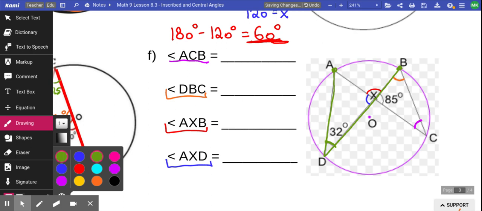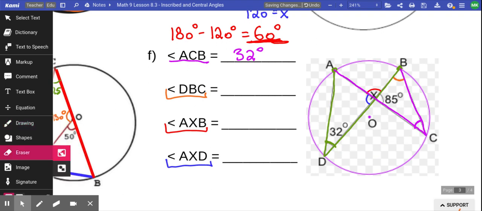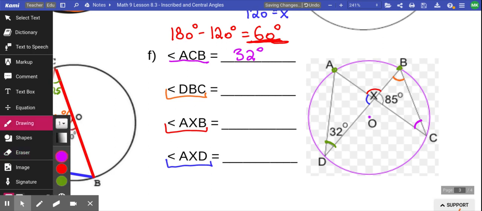So if I look closely, I notice that I could get from A to B by going to C. That means these 2 angles must be the same thing because they're both inscribed angles that get me from A to B. So that very first one must also be 32 degrees. Awesome. Let's label that in there. Like that.